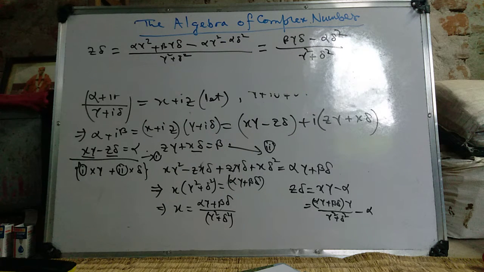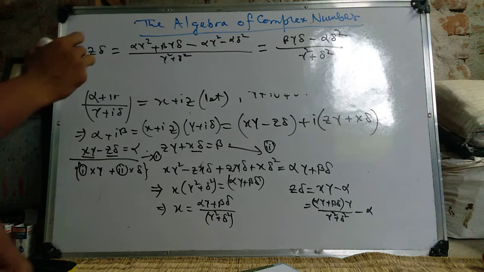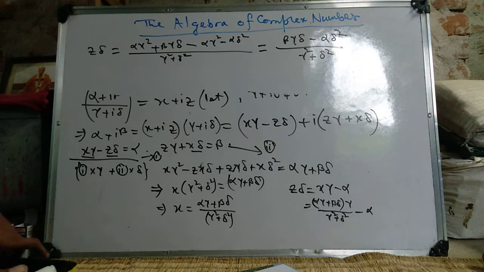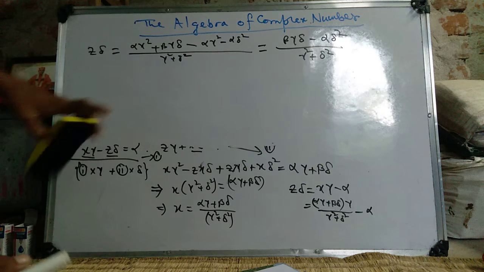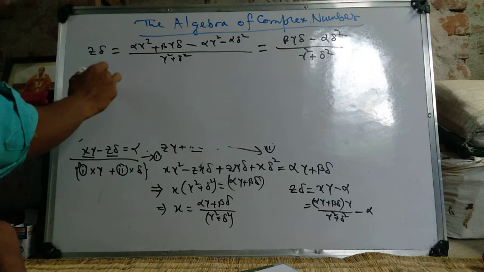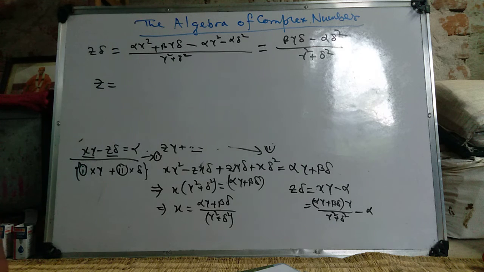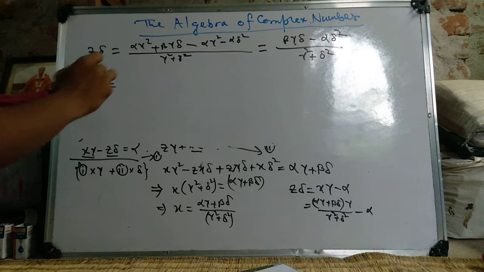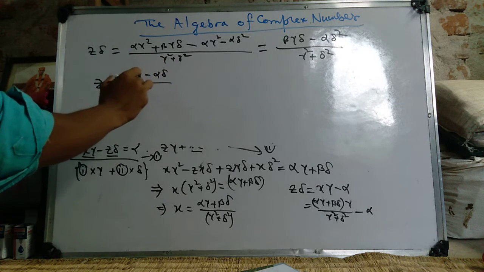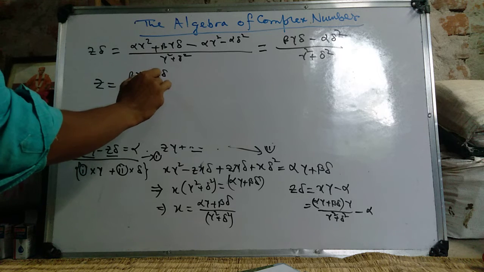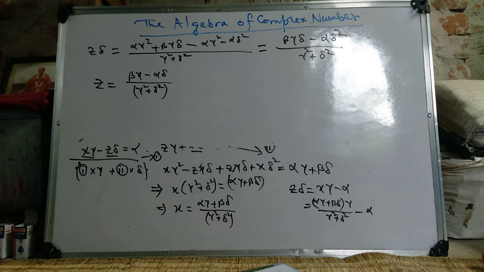Then what do we get? We get z equal to how much? If delta is not equal to 0, then z equals beta gamma minus alpha delta by gamma square plus delta square.